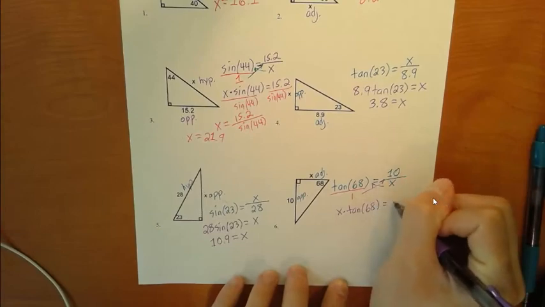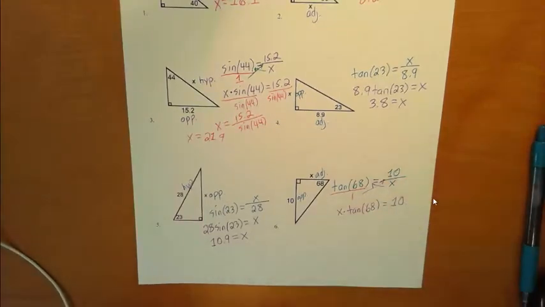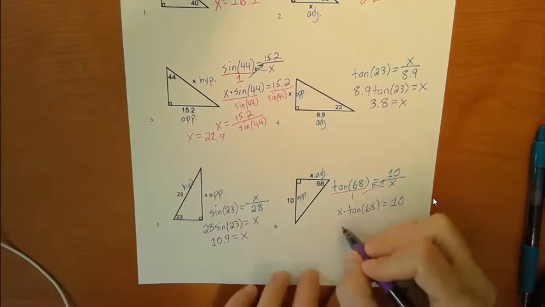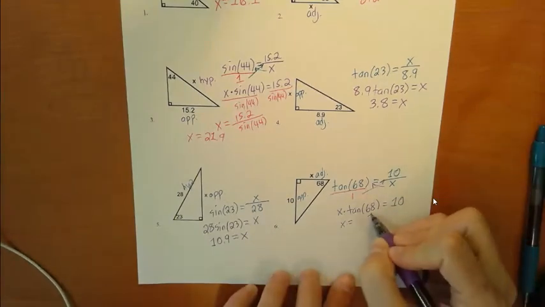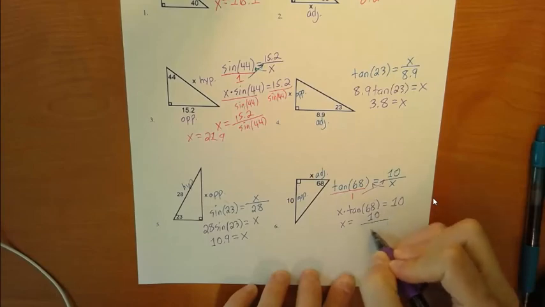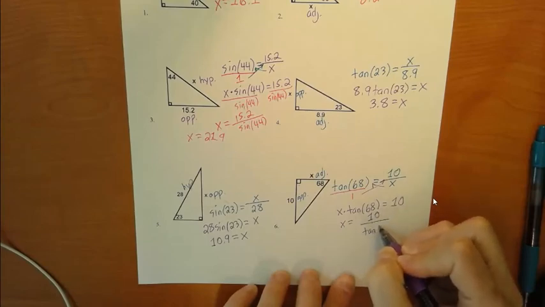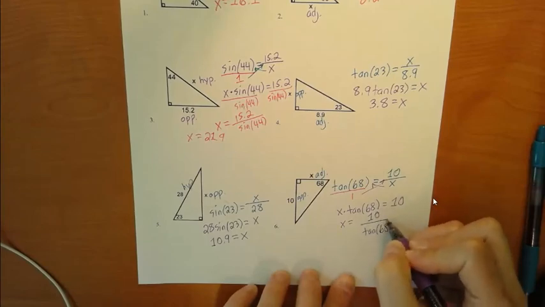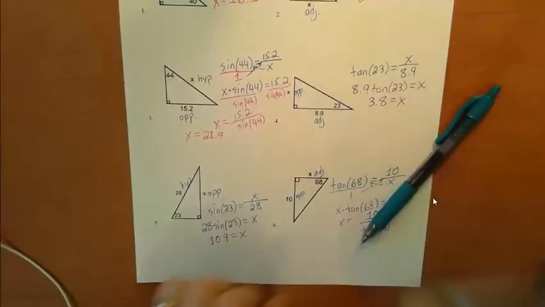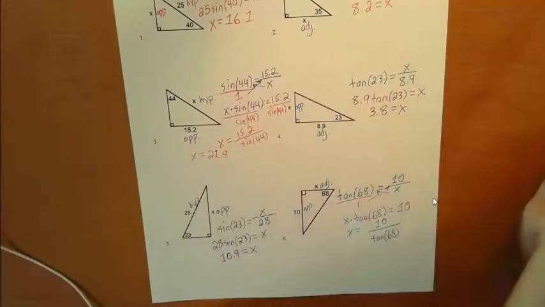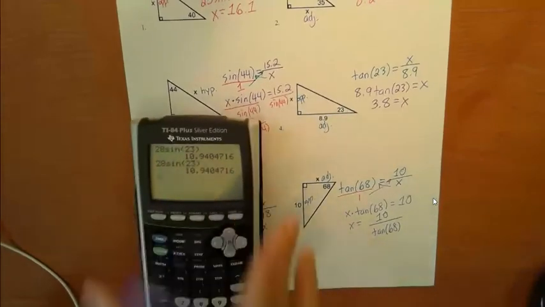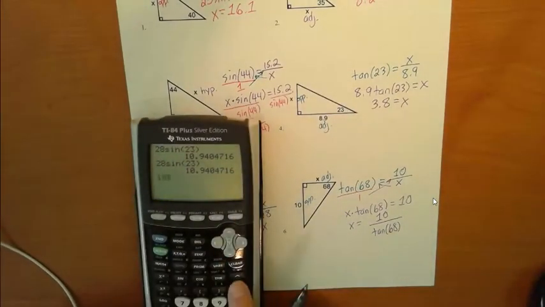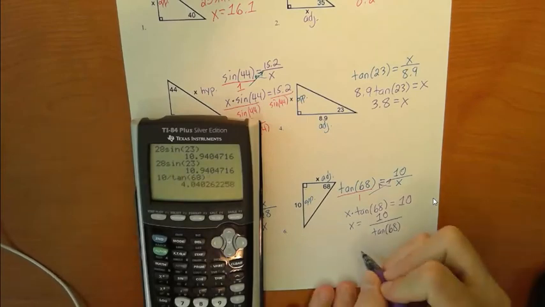And set that equal to 10 times 1, or just 10, and then divide both of those sides by tangent of 68 so that our x value is 10 over the tangent of 68, meaning that our final answer for number 6 is going to be 10 divided by the tangent of 68, or 4.04.